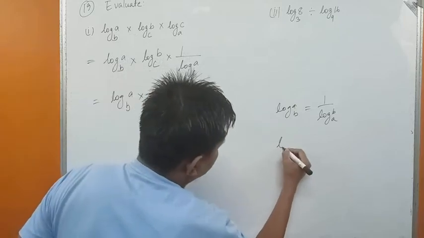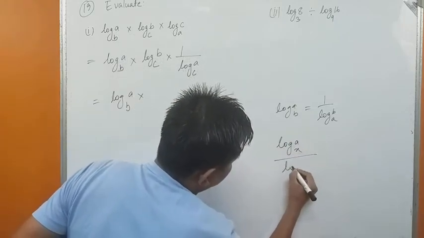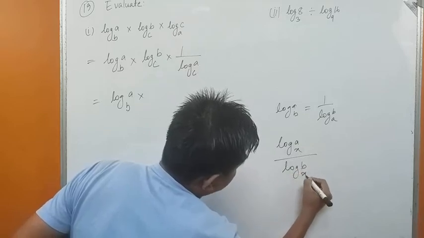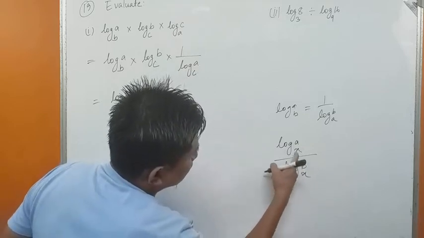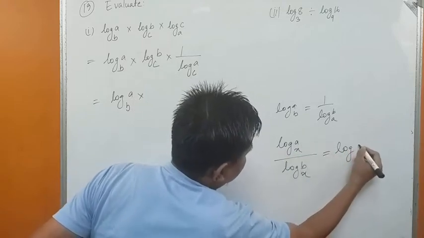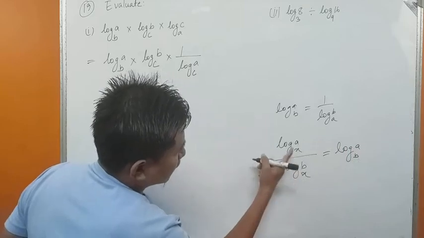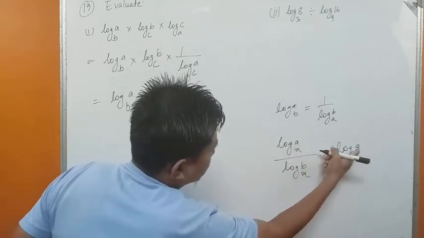So if we have log a to the base x upon log b to the base x, if bases are equal, then we can write this as log a to the base b.